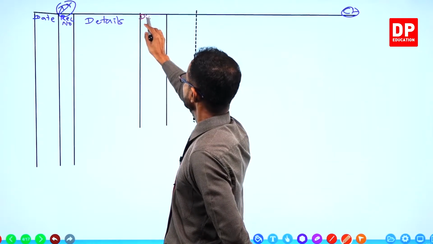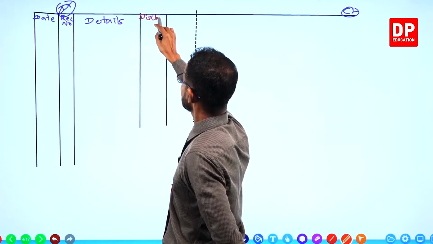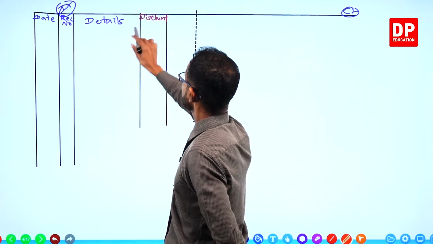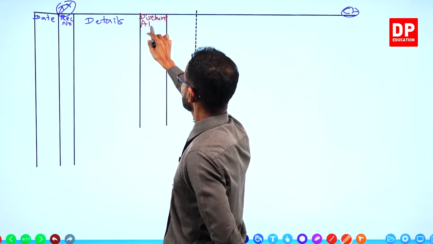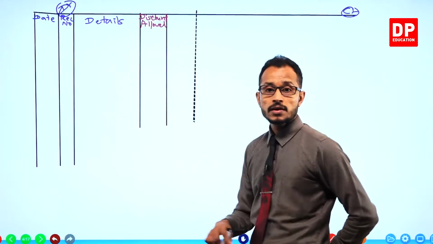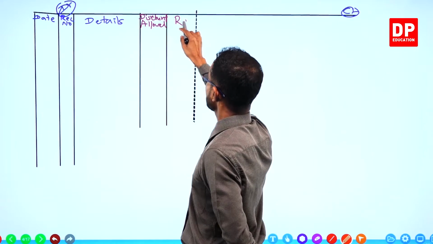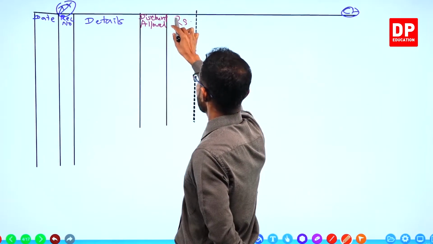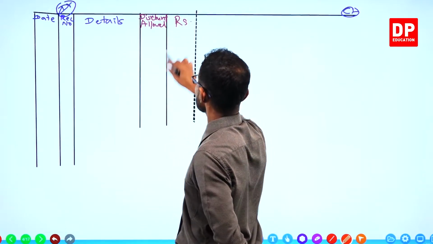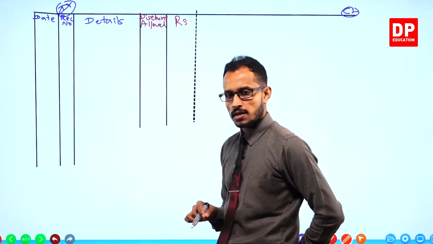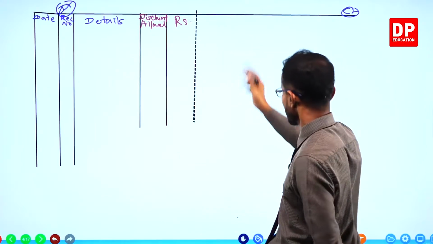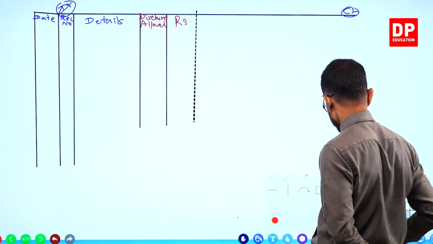Can you see it, right? Then the amount column or the value column, you can just mention the currency, the rupee sign, then it's done. Same as that in the credit side, dividing the columns should be done in the same manner.